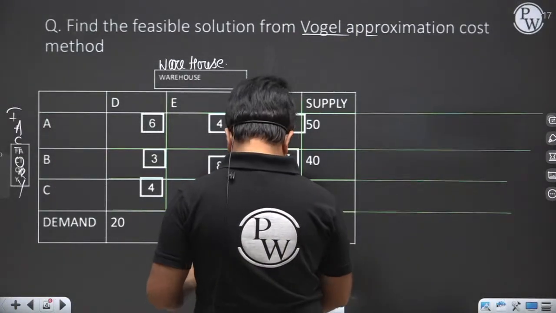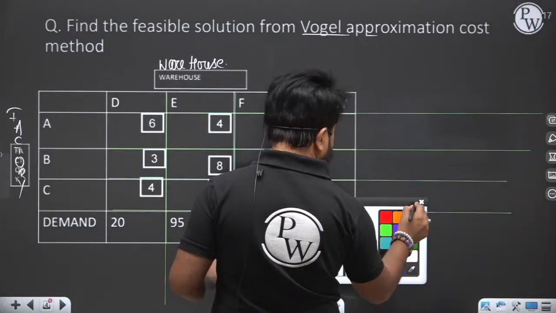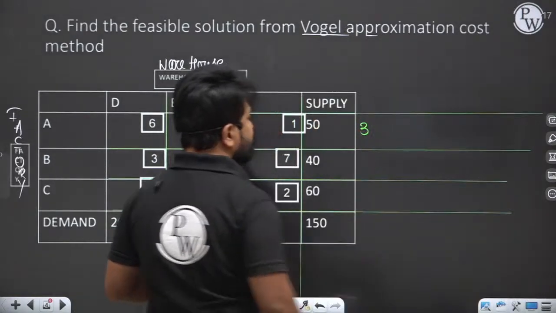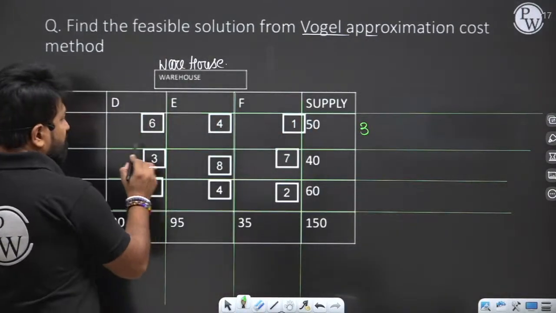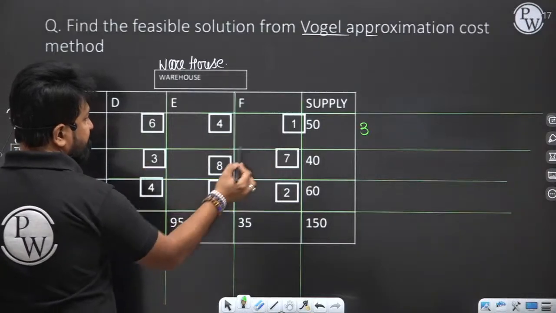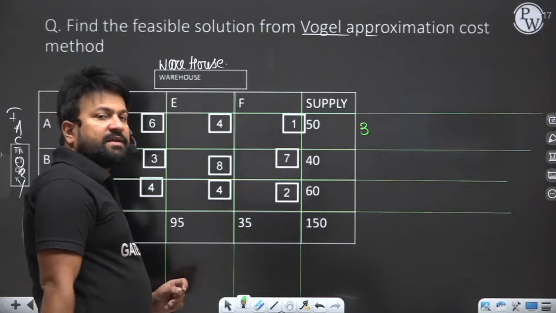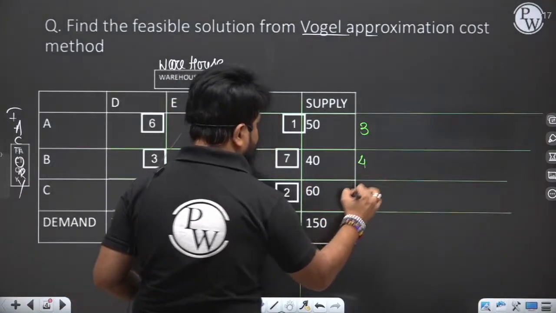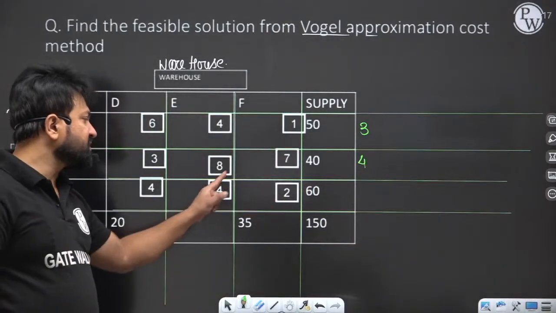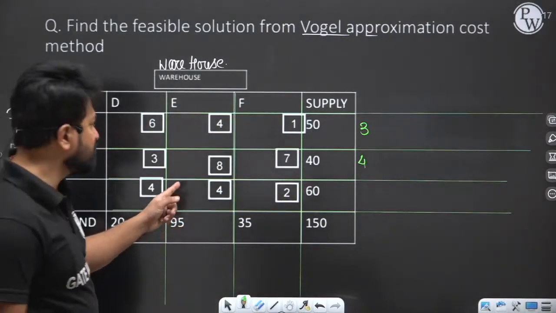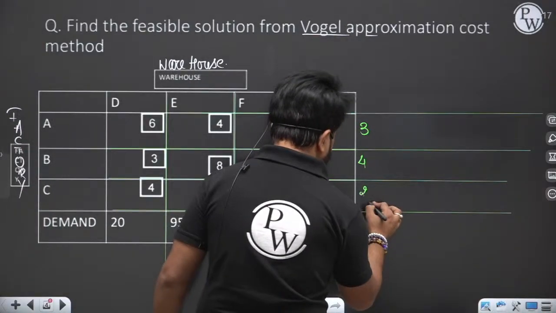So this is the first penalty. Now in this row, the minimum and next higher are 3 and 7, so 7 minus 3 is 4. Now minimum 2, next higher 4, so 4 minus 2 will become 2, right?